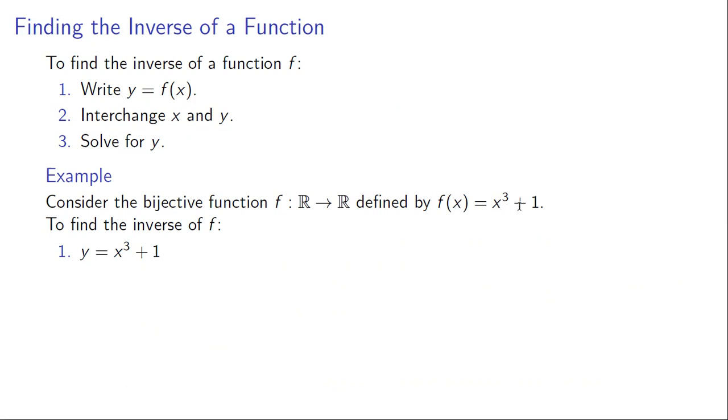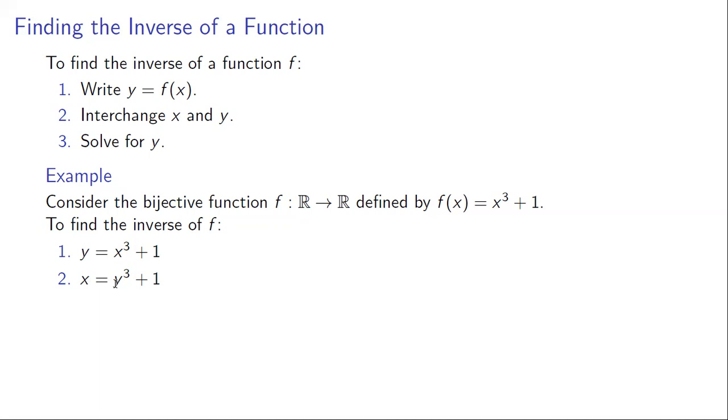Well, f of x is x cubed plus 1. So we write y equals x cubed plus 1. The point is we write an equation where we have the formula for the function on one side and some name for the output, y, over here. Now we interchange x and y in the equation, and now we're going to solve the equation for y.